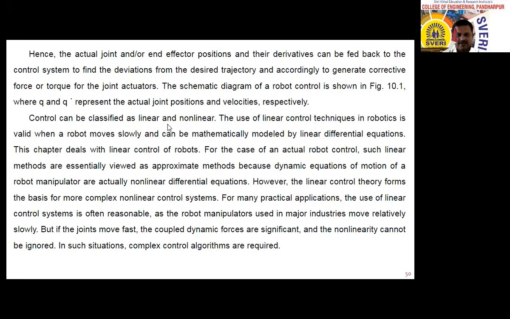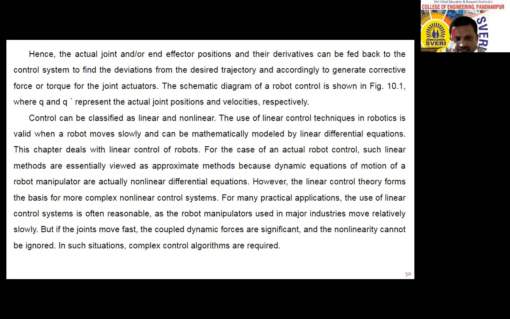Control can be classified as linear and non-linear. The use of linear control techniques in robotics is valid when a robot moves slowly and can be mathematically modeled by linear differential equations.